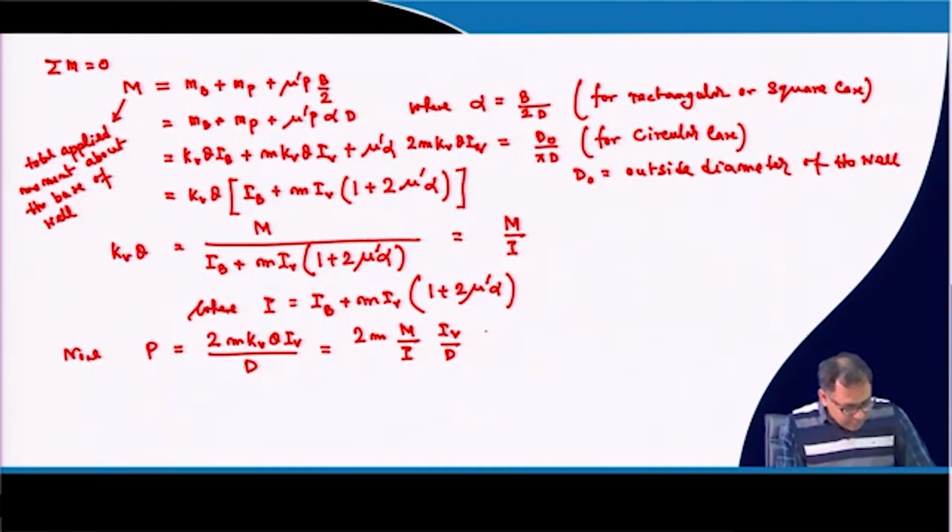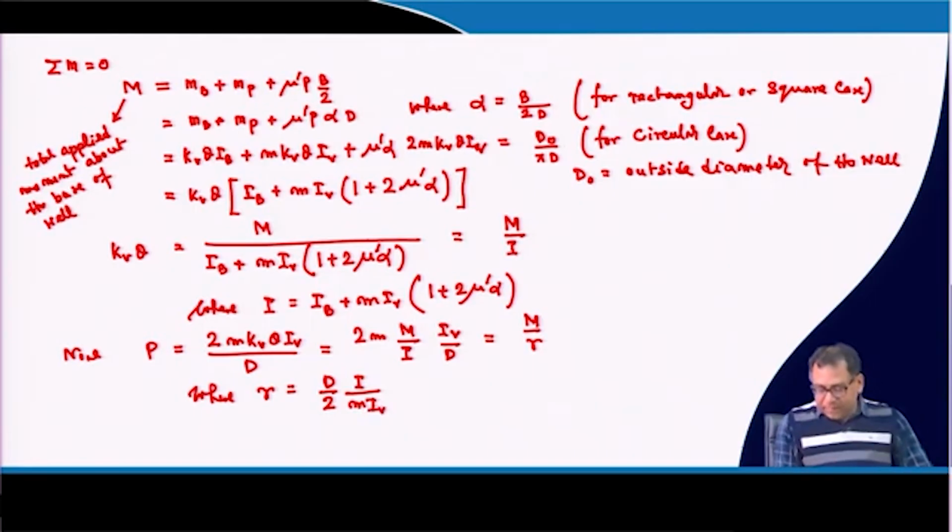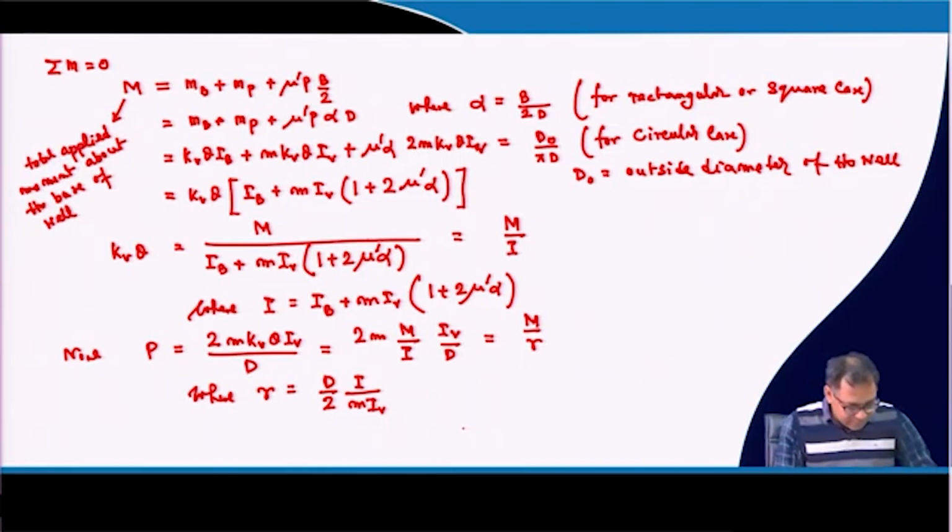So, now we can write this is equal to M by r, where r is equal to d by 2 into I by m IV, because this is replaced as M by r. So, r will be d by 2 I by m IV.